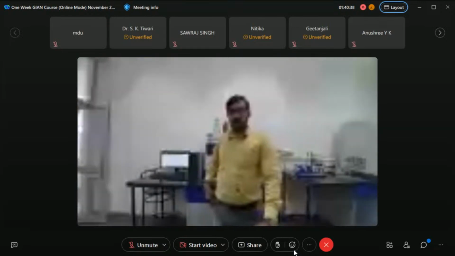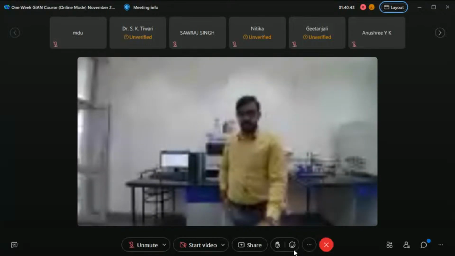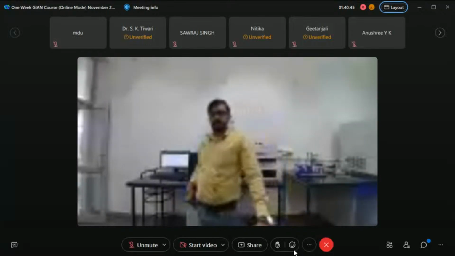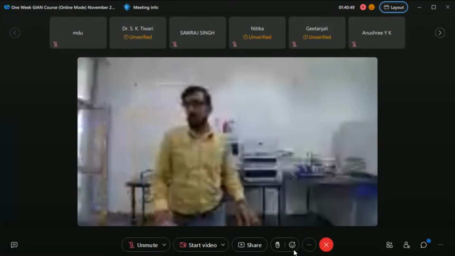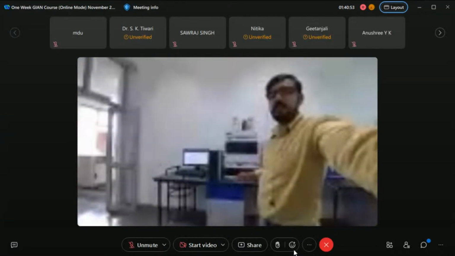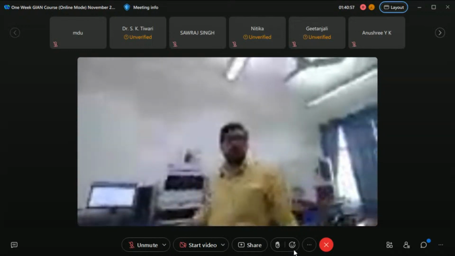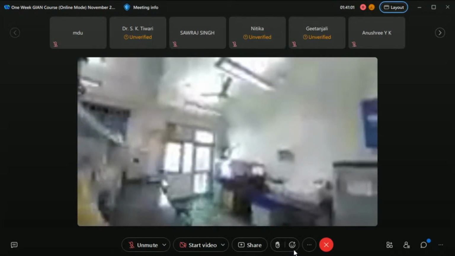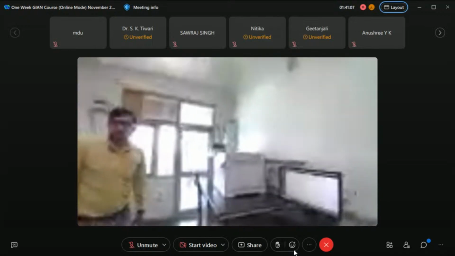Currently we are representing here the project funded by DST FIST grant, and in this laboratory we majorly have the HPLC instrument, which we purchased from that funding agency, and we also have the GC instrument, which is also purchased by the funding agency.